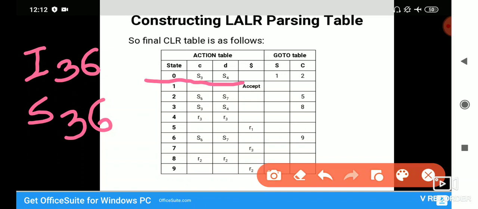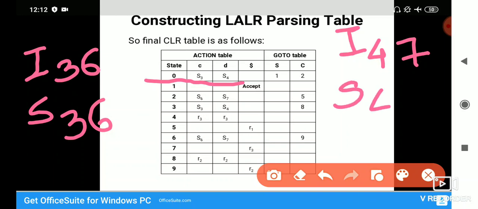Similarly, S4 has been obtained from I4, but now it has become I47, so it will be written as S47. And it will be done everywhere. But you have to remember that 3 and 6 are merged, so one row will be kept intact and the other will be removed. So I will keep 3 intact and remove 6, and in place of 3 I will write 36.